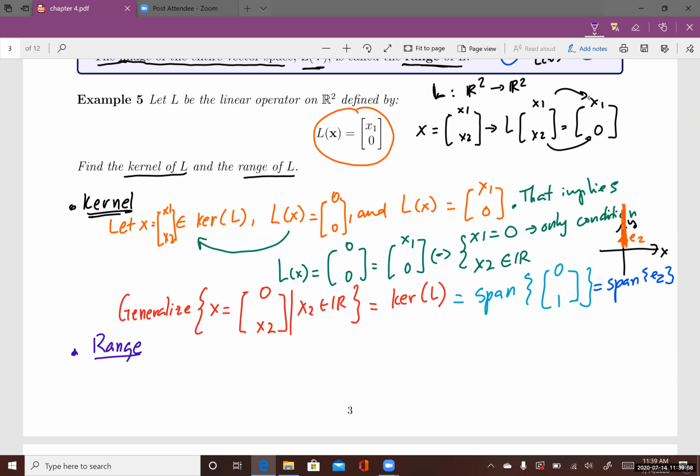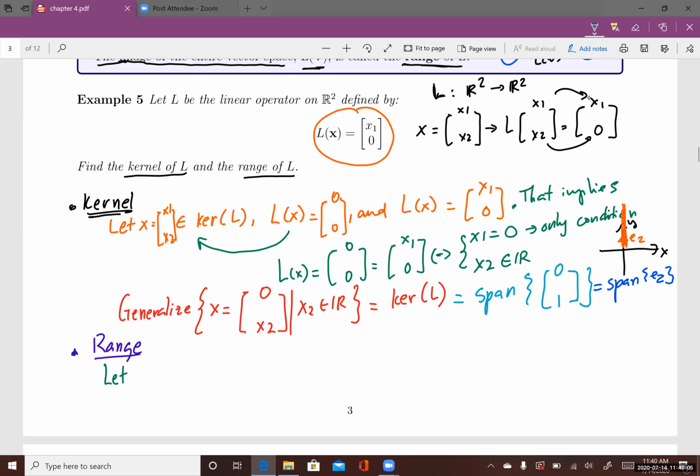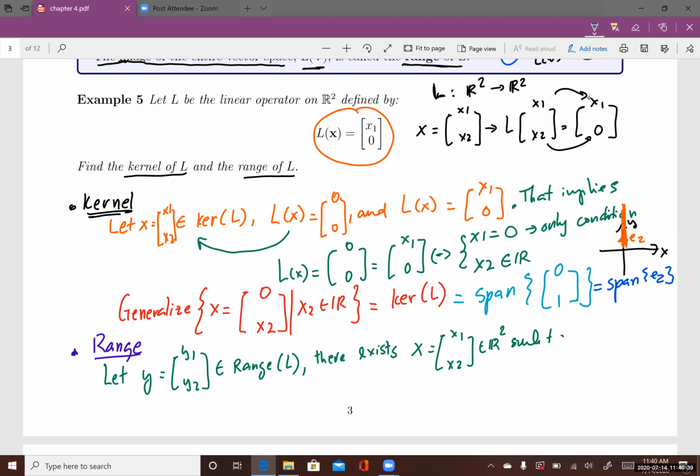Again, we want to call out an arbitrary vector y in R2, and I want to specify y1, y2, and this is in the range of L. So if y is in the range of L, by the definition, there exists a vector x in R2 such that Lx equals y.